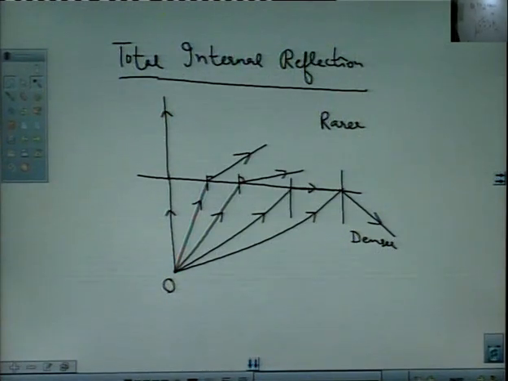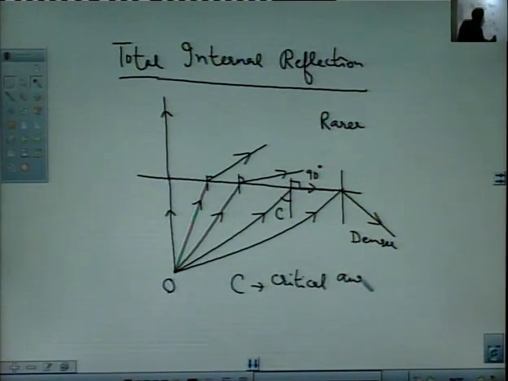So, this angle at which this is 90 degrees, this is called C, and C is called the critical angle. This is a very important term, critical angle.